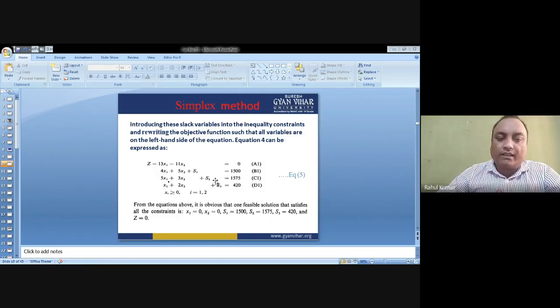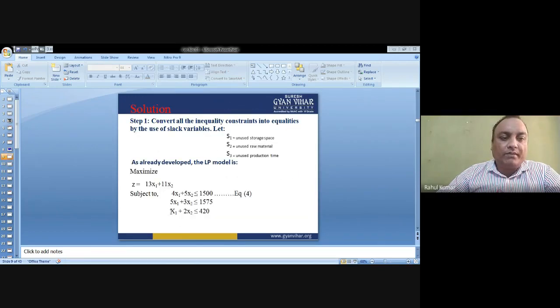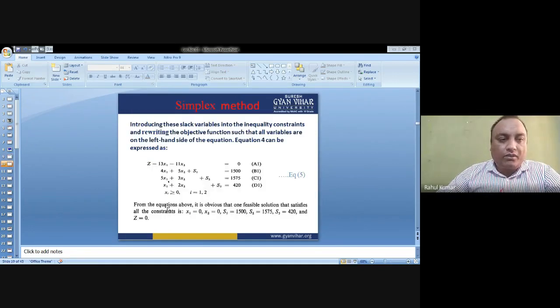This is the second slack variable used in this equation. Similarly, for equation number 3, x1 plus 2x2 less than or equal to 420, so x1 plus 2x2 plus S3 equal to 420. Then xi greater than or equal to 0, where i equals 1, 2.